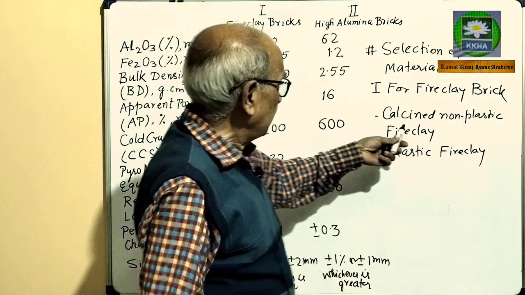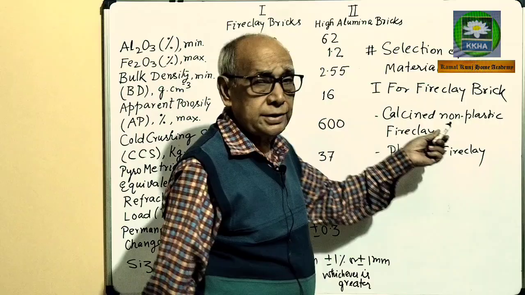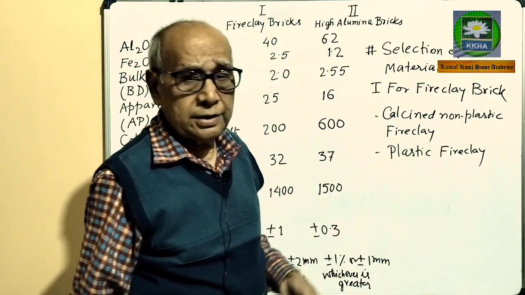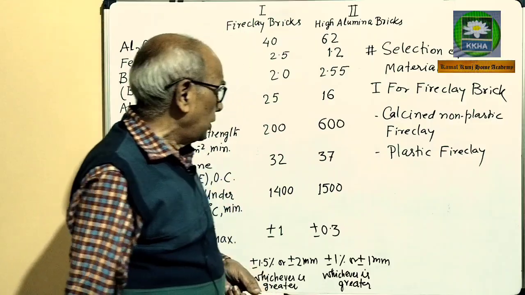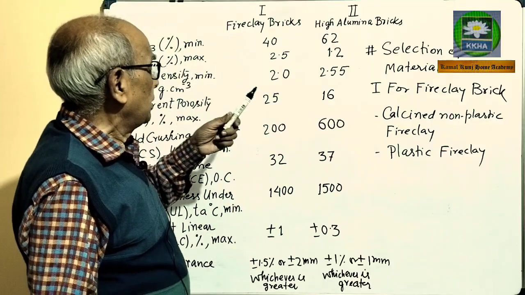Now calcined clay contains about 35 to 36% Al2O3 and plastic Fireclay around 30-31% alumina Al2O3. So here the alumina required is 40%.